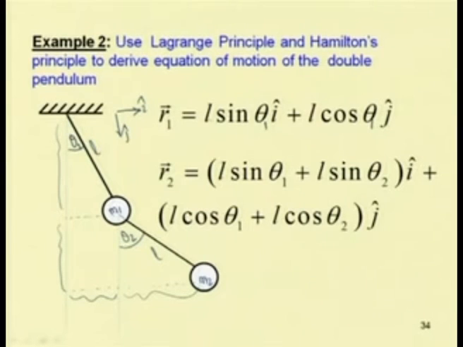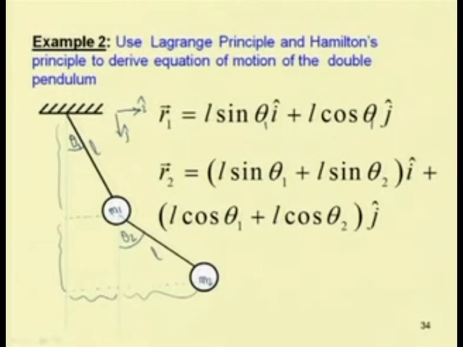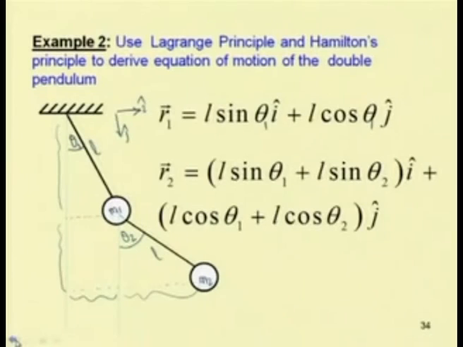So, by differentiating this, one can write v1 will be equal to L cos theta 1 into theta 1 dot, this is in i direction, plus, differentiating L cos theta 1, it becomes minus L sin theta 1 theta 1 dot j.